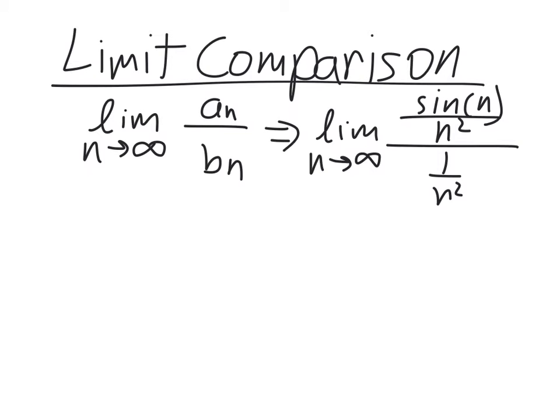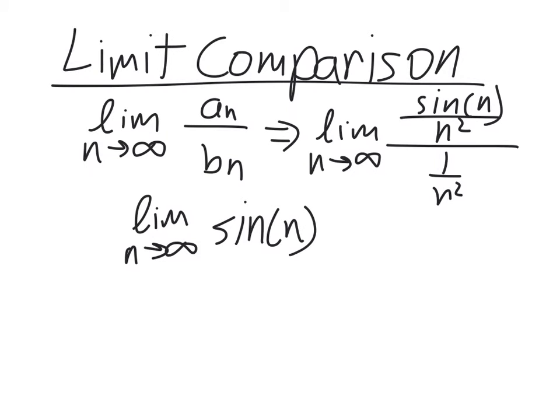Well, in this rare case, this one would not be a very good limit comparison. What happens when we do this? Well, we get to the limit of sine of n.